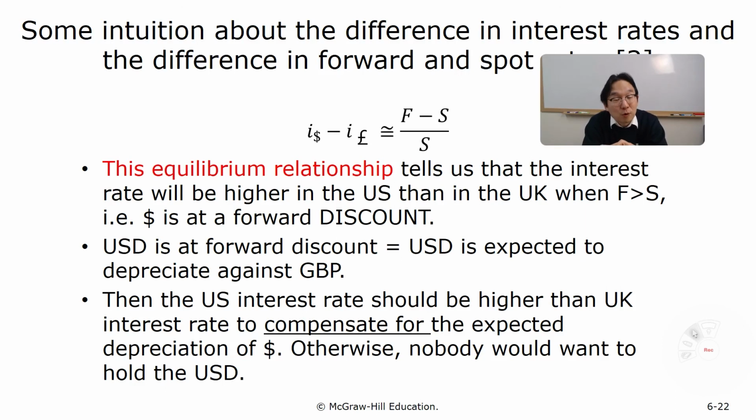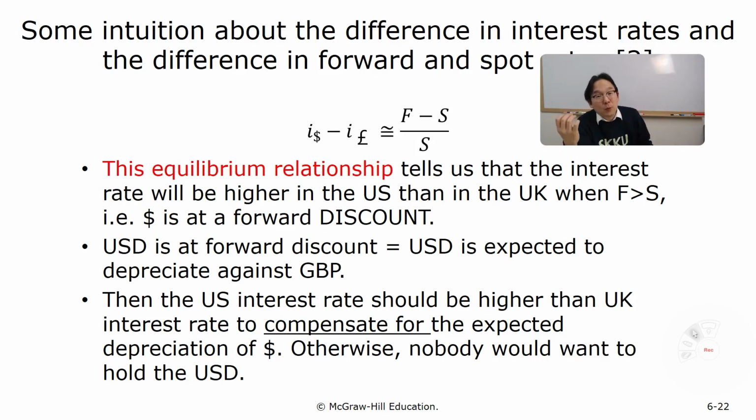The British pound is at a forward premium. US dollar at forward discount means the US dollar is expected to depreciate against the Great British pound, and then the US interest rate should be higher than the UK interest rate to compensate for the expected depreciation of the US dollar. Okay? Holding other things fixed, right?